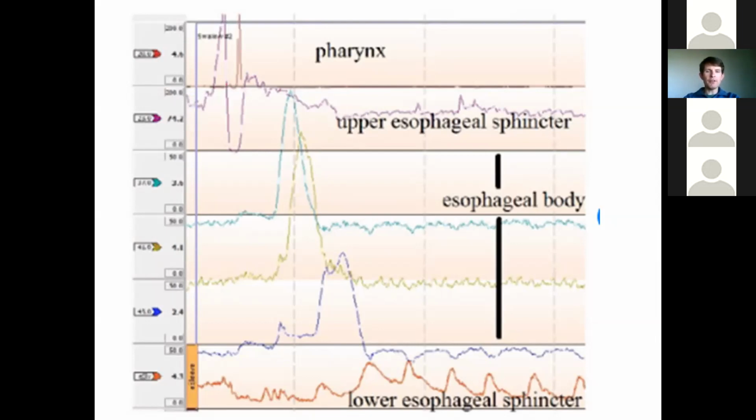So every deflection in pressure, whether it's positive or negative, reflects not necessarily esophageal function, but pressure on the manometry catheter itself. And so you have to keep that in mind as you're looking at these studies. So that's probably a respiratory variation at the LES because of the diaphragmatic pressure on the catheter.